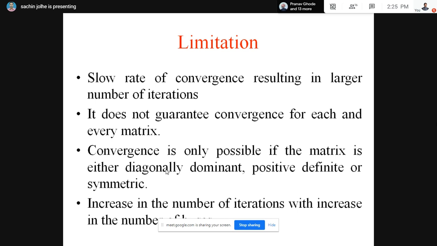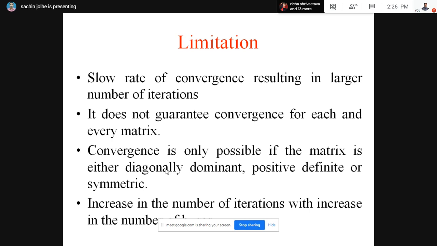And many times we have to guess the initial points, the initial coordinates. If the guess is very far from the actual results, then it cannot converge, meaning you cannot get the result out of this.